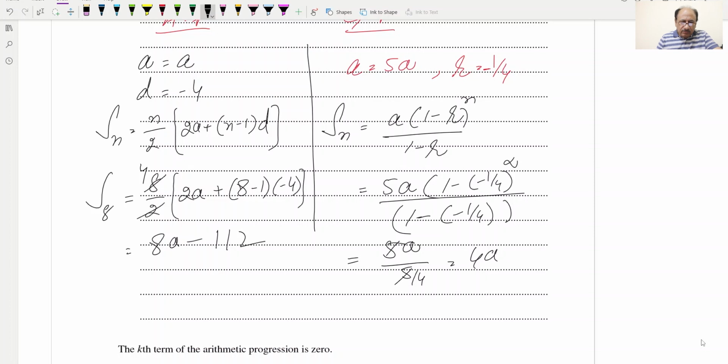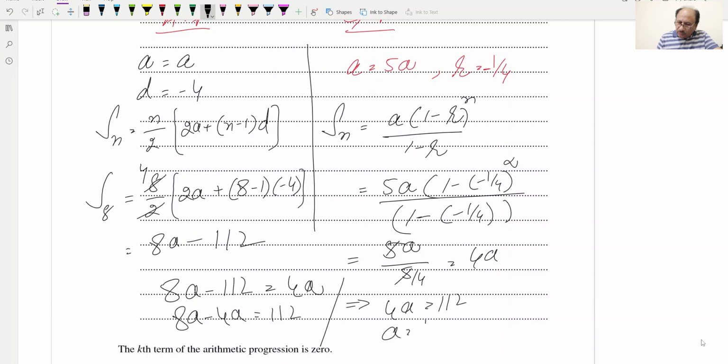Now we can equalize them by the condition of the question. So 8a minus 112 is equal to 4a. We can shift this to the other side, so it will be 8a minus 4a is equal to 112. This implies 4a is equal to 112.